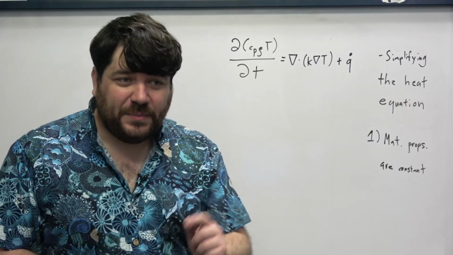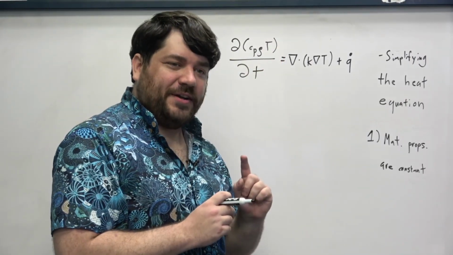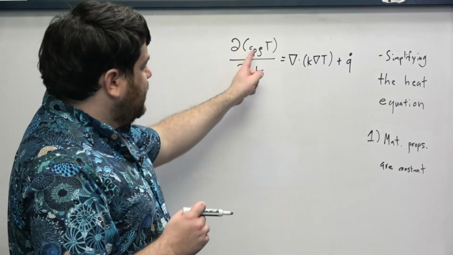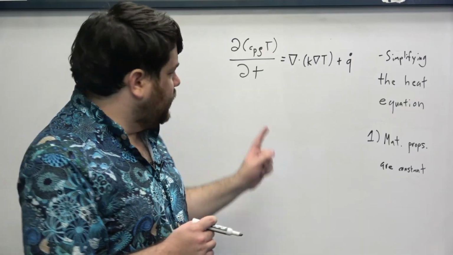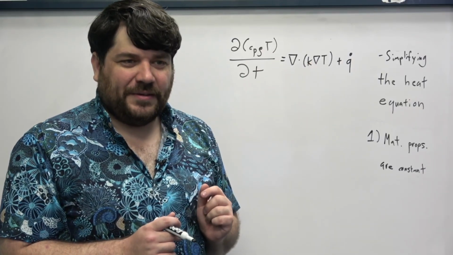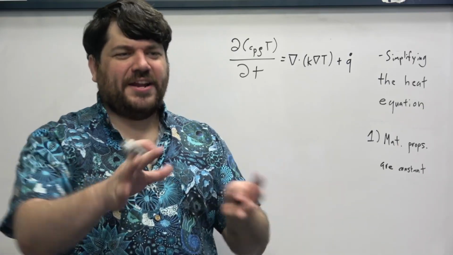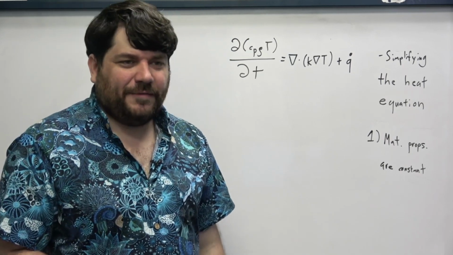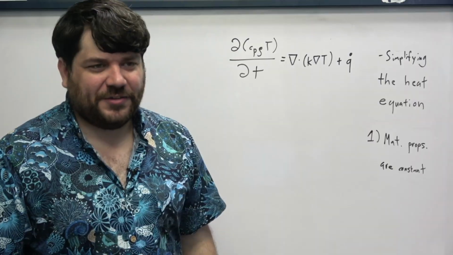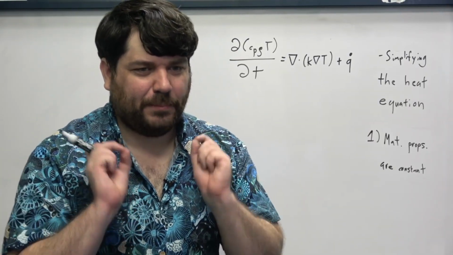Well, it just means that the specific heat capacity, the density, and the thermal conductivity, so Cp, rho, and K respectively, are not a function of time, not a function of space, but also not a function of the temperature or the pressure or any other factor that could show up in the analysis of this system. Okay, so we're just going to pretend like they're a single fixed number.